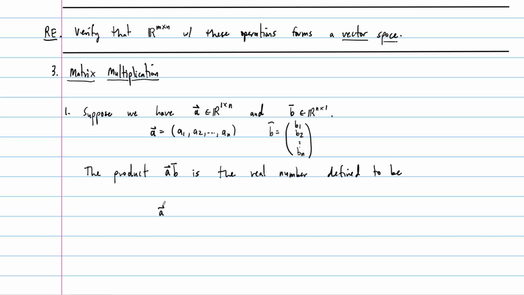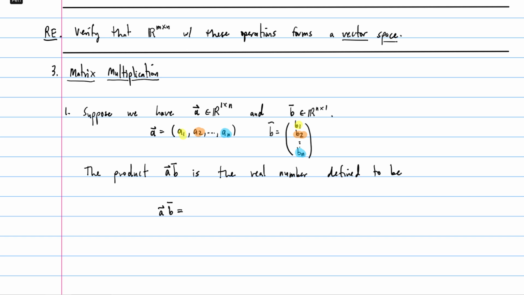So again, A times B is equal to the real number that we're going to get, which is going to be the sum of the component-wise products. So A1 times B1 plus A2 times B2 all the way up through AN times BN. So we just match these up. First component of the row vector times first component of the column vector. First component of the row times second of the column, all the way up through the last.